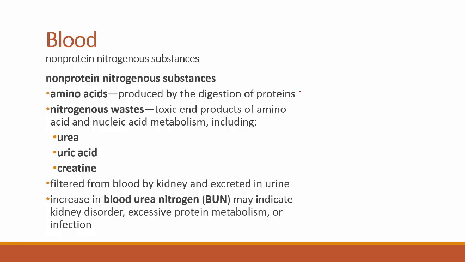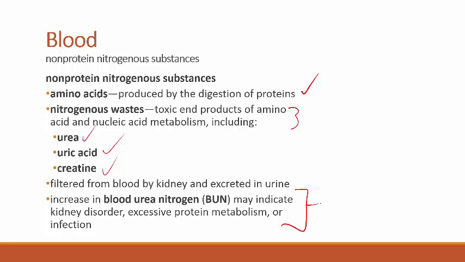So amino acids are carried in the blood. We've already talked about that. But nitrogenous wastes, the end products of amino acid and nucleic acid metabolism, are also produced. They include things like urea, uric acid, and creatine. These are all waste materials to the body and will be carried in the blood and transported eventually to the kidney so that they can be filtered out of the blood and removed from the body.